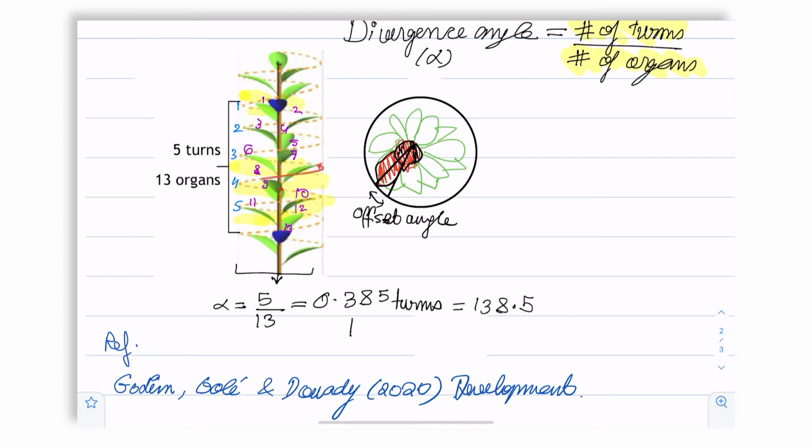So if we want angles, we need to multiply by 360 degrees, and we get 138.5 degrees.